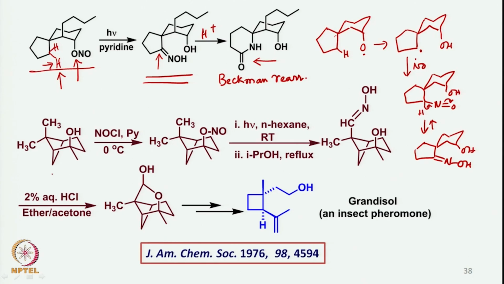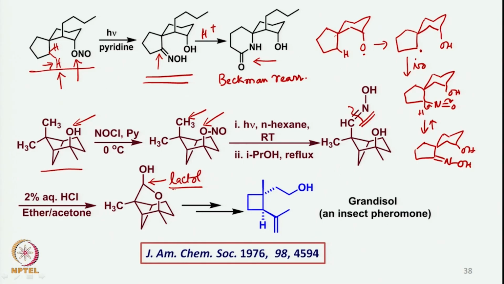In a similar fashion, like one of the previous examples, we take this OH group here, use nitrosyl chloride and pyridine to convert this OH group into the ONO part, and then photolyze it, and eventually this particular hydrogen can be converted to the corresponding oxime. This oxime can be hydrolyzed to the corresponding aldehyde. That aldehyde will exist as this lactol.